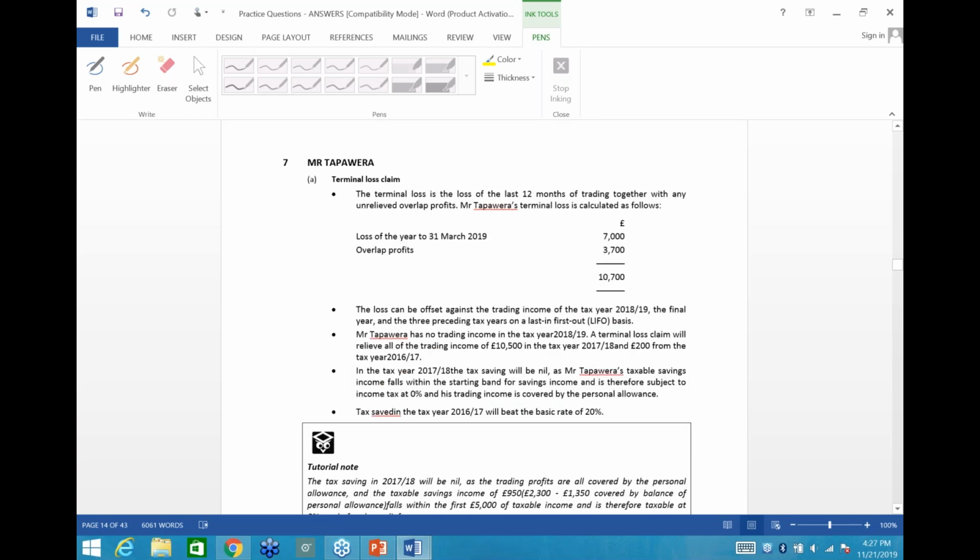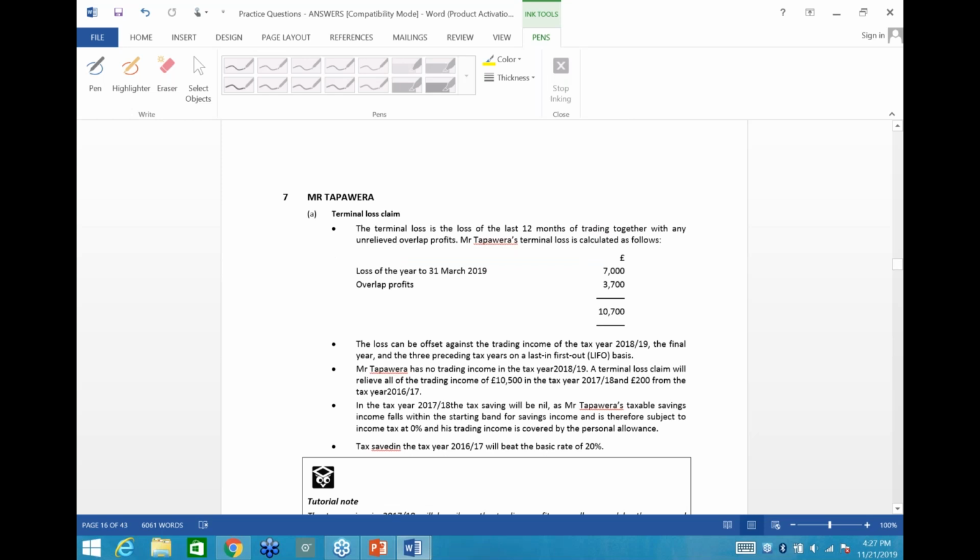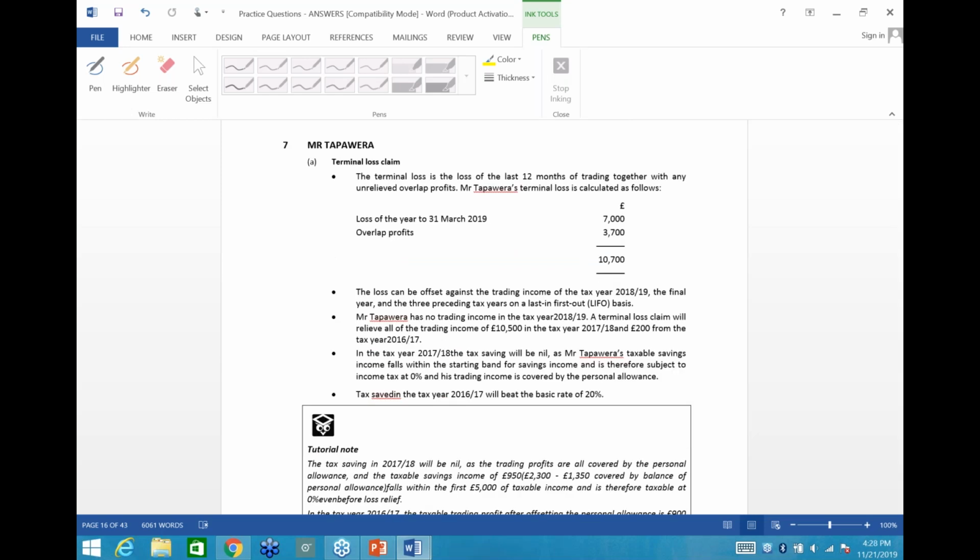So we'll read question number 7. Mr. Tapp ceased trading as a sole trader on 31st March 2019. He's now the managing director of ACCA Limited, and he's paid a salary of 20,500 per annum.